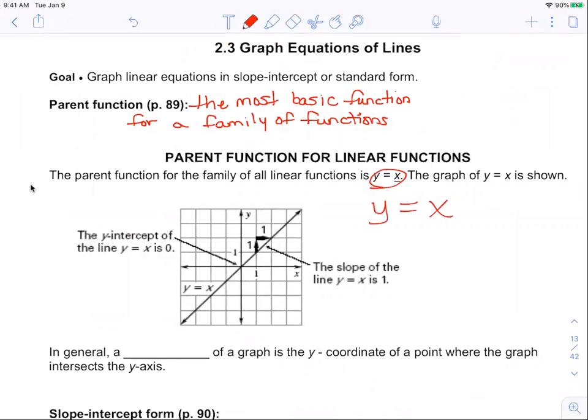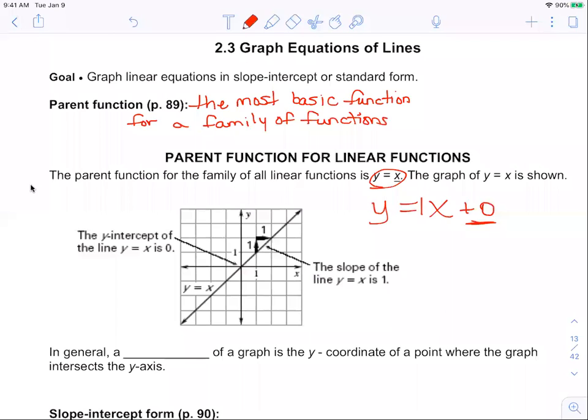So that means it doesn't have a slope other than 1, and the y-intercept is back here, and that is 0. So it's the most basic. The slope is 1. It crosses through the origin. It has a y-intercept of 0. So this is our basic function.